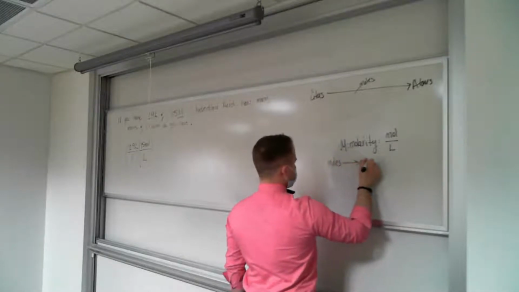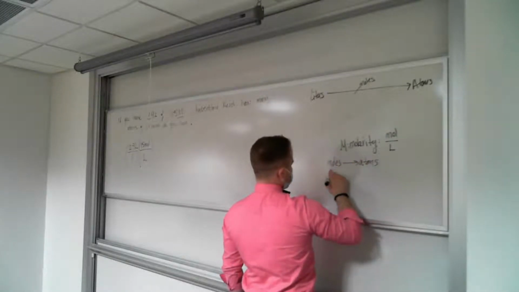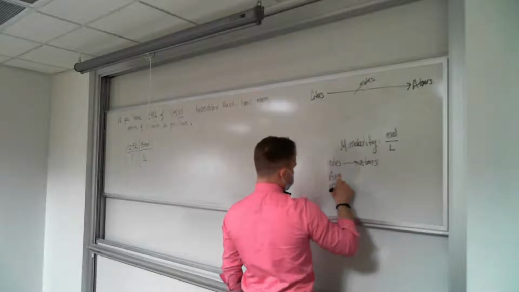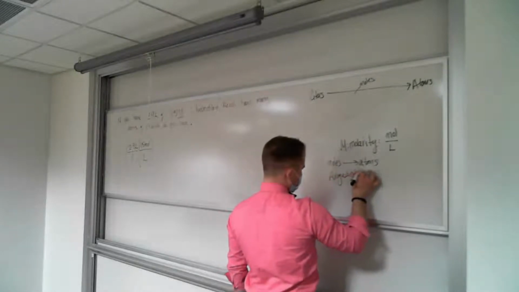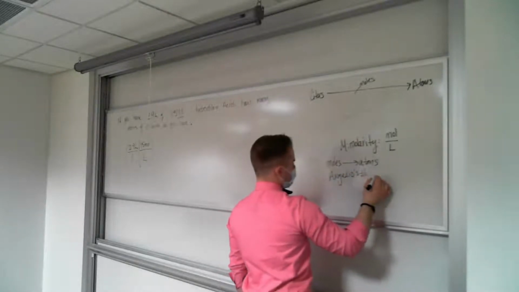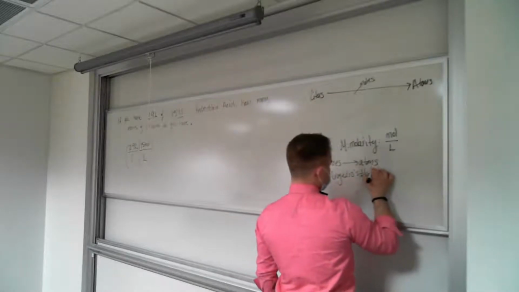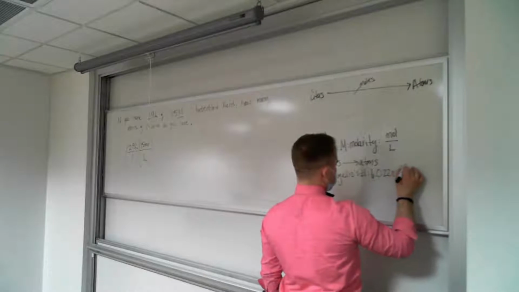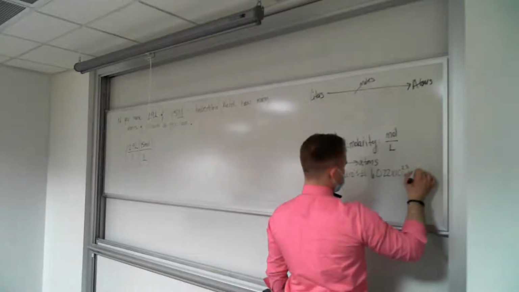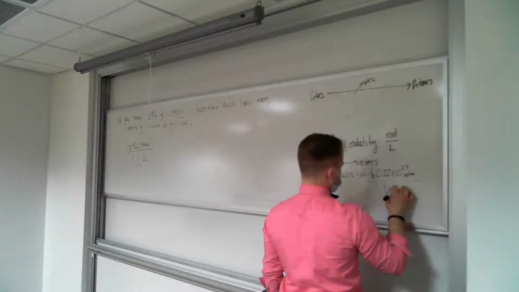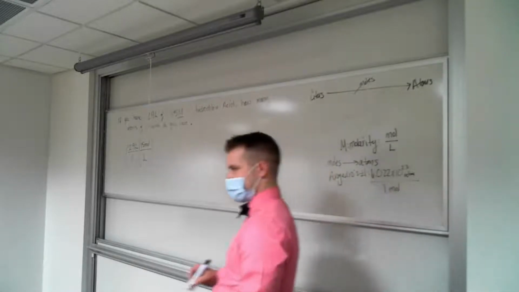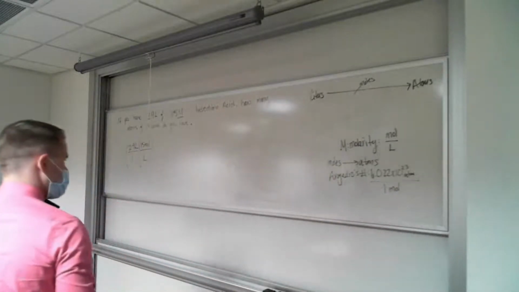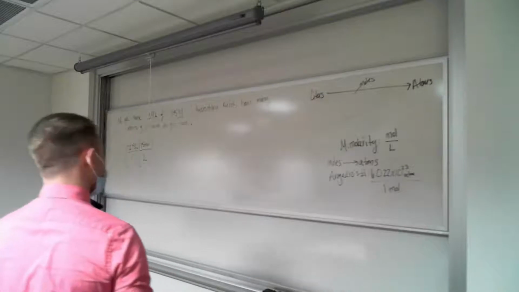Moles to atoms, that is with Avogadro's number, which tells us that there are 6.022 times 10 to the 23rd atoms in 1 mole.